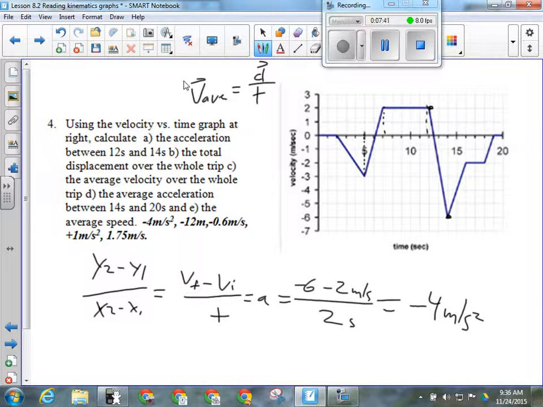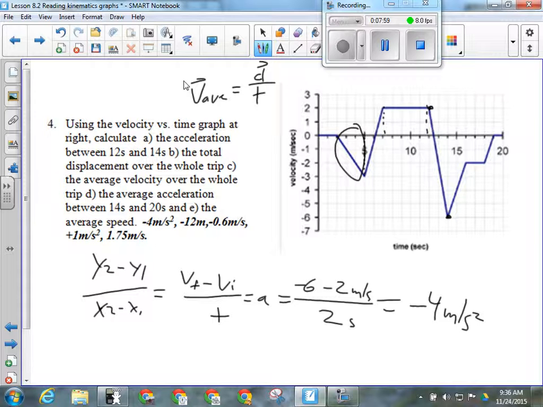So for example, if I'm calculating the displacement during this 3-second interval here, I know that my time is 3 seconds, which is the base of my triangle, and I know that my average velocity is the height of my triangle divided by 2.